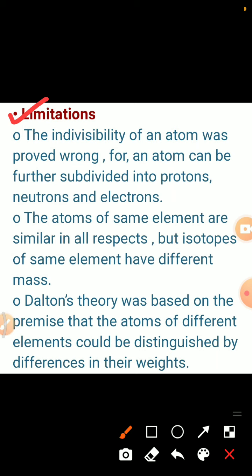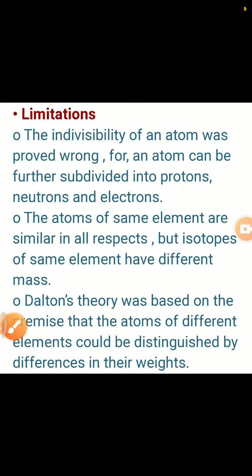Before, it was said that atoms cannot be divided, but after research it was proved wrong: atoms have their own universe in them, meaning they have their own life. They can be divided into smaller particles known as protons, neutrons and electrons.